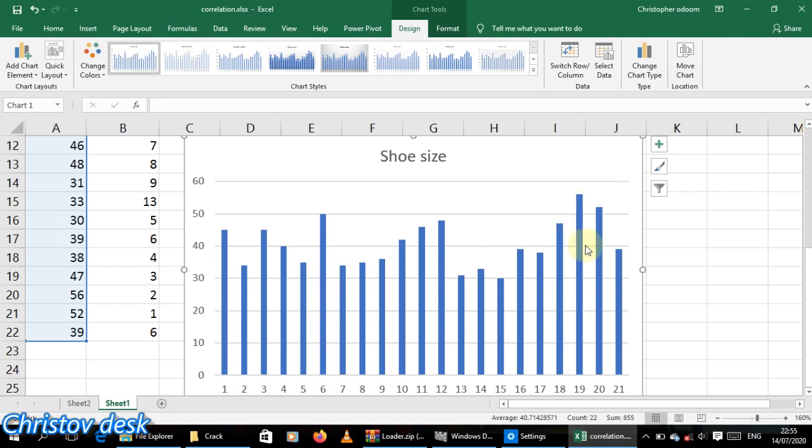You can view it and see that the 19th person has, I think, the highest shoe size. So you can know the least shoe size and the maximum shoe size. That's basically what you can do. It's a very nice descriptive.